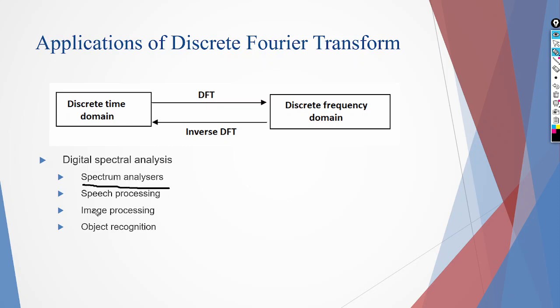When you have some radio signal received, and let's say you try to see and analyze it, or maybe somehow intercept it, you need equipment to actually see what frequency band that signal is using. Or let's say speech processing.